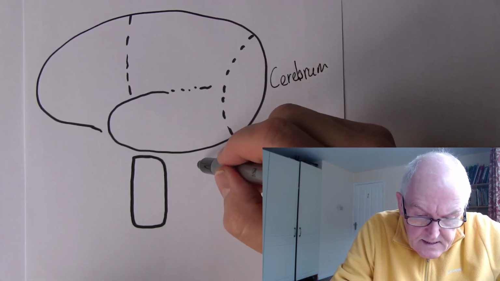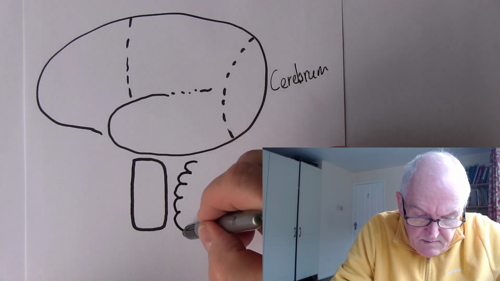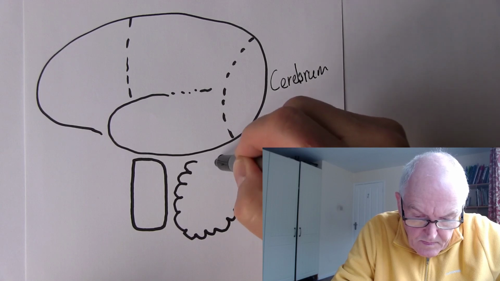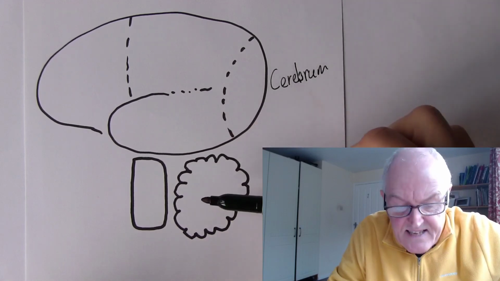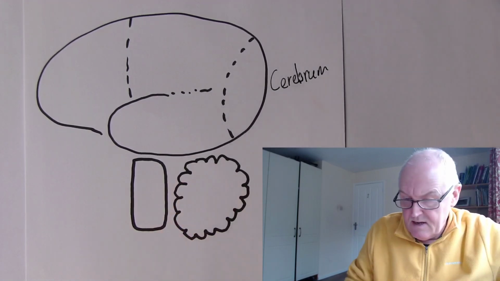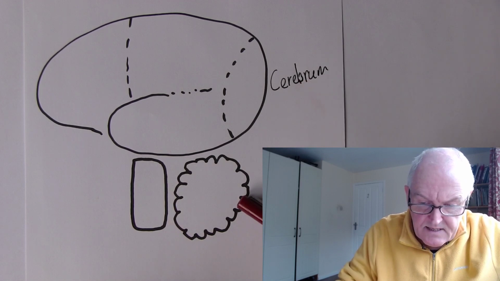And then just behind that, there's another area here which is shaped a bit like a cauliflower. And this is the cerebellum. So we have the brainstem and we have the cerebellum. So cerebrum and cerebellum.